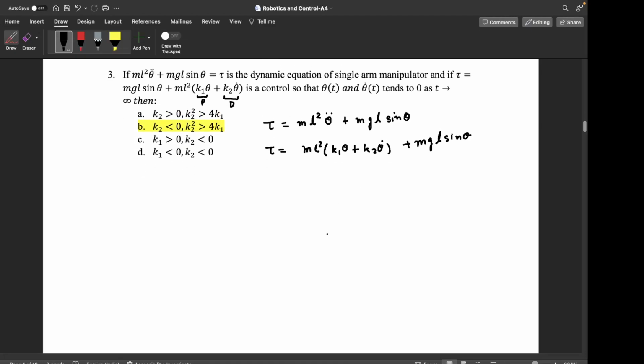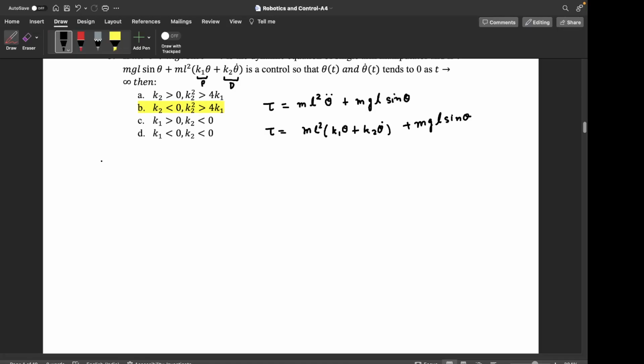So basically your control law here is usually a PD control law. So we are doing a PD on theta, right?